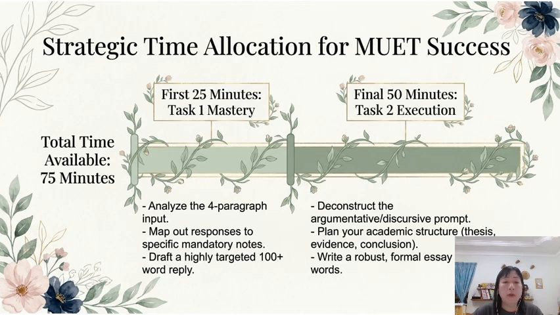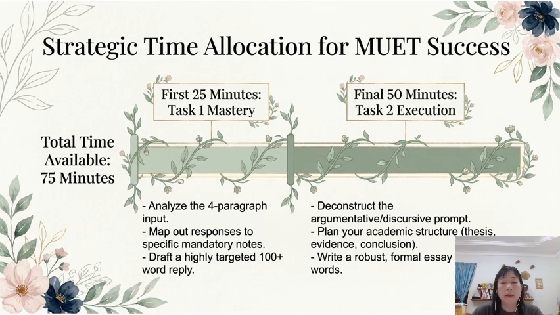What they need to do is to analyze the 4 paragraphs and the input, map out their responses to specific mandatory notes given on the right column, and then they start to draft and write a highly targeted 100 plus words reply. For task 2, the recommended time is about 50 minutes.